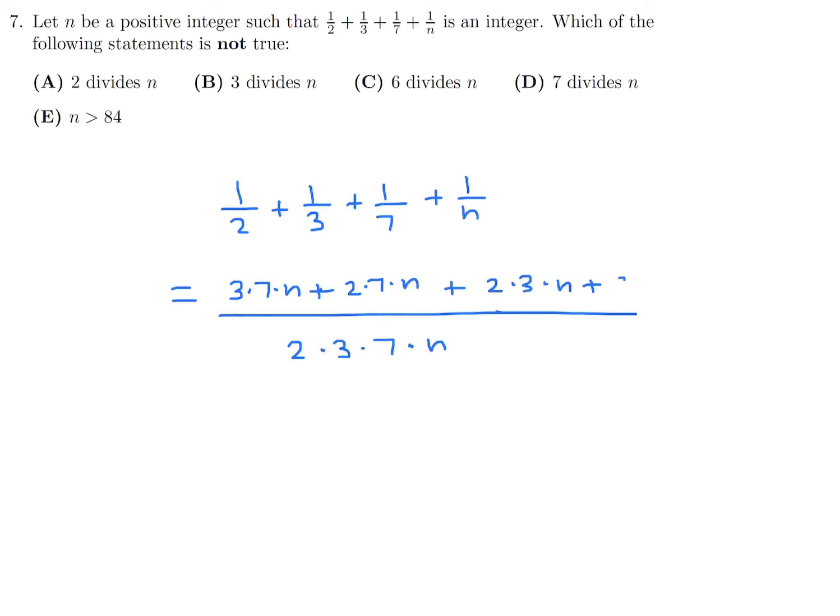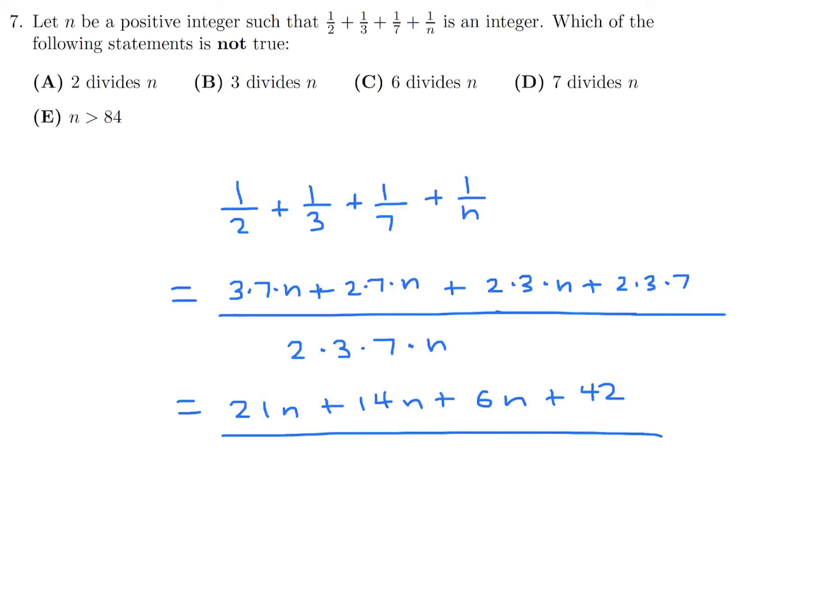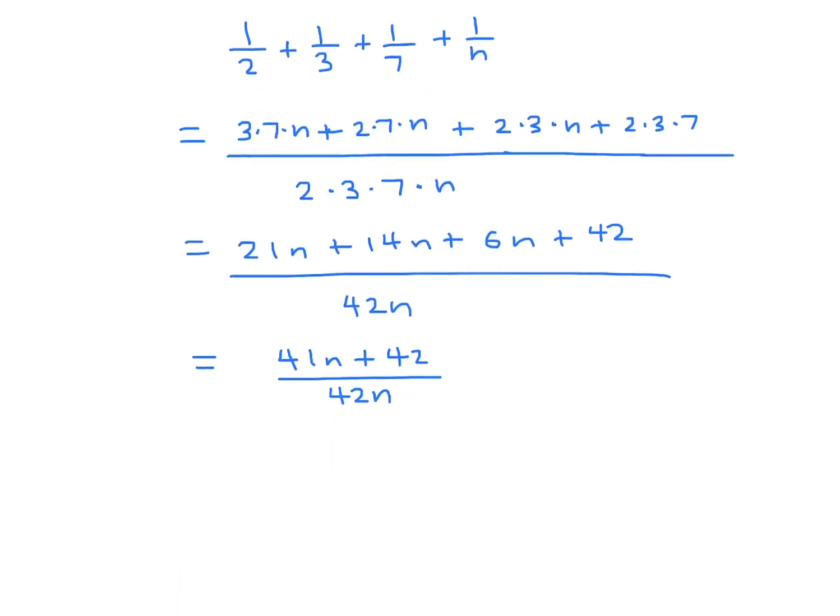And finally, we get 2 times 3 times 7, right? So this is 21n plus 14n plus 6n plus 42, all over 42n, like that. So the top becomes 41n plus 42 over 42n, okay?